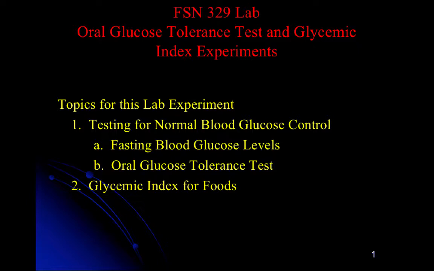Let me make one point on this. See this diagram? The portal vein is exposed to the liver and the pancreas. This doesn't show it, but the portal vein goes right by the pancreas. So the pancreas gets an early indication of how much carbohydrate you ate before the other tissues. And that's important, right?